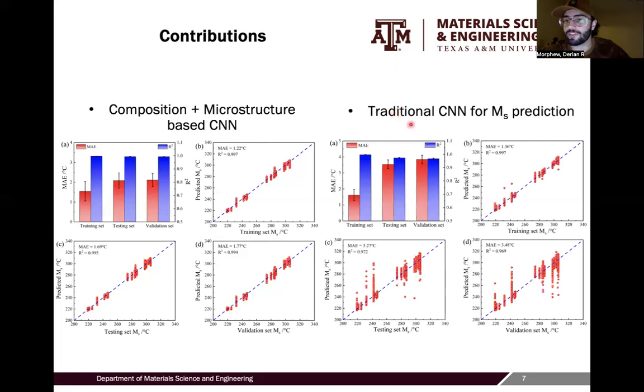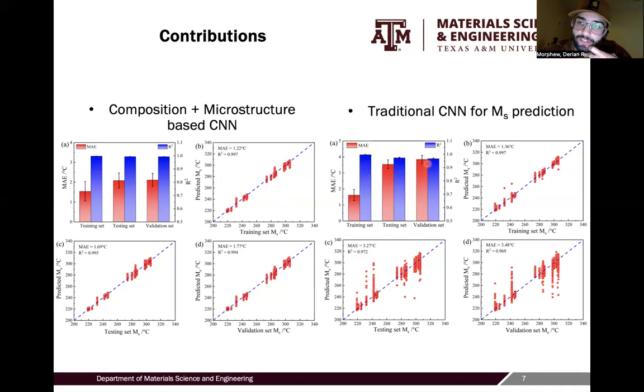And this is a traditional CNN for MS prediction, which only uses microstructure. So the step that these authors took in multiplying the composition times the microstructure, traditional CNNs in this space don't do that. They just account for microstructure. And so you can see here, mean absolute error has a spike from training to testing and testing to validation, and the R squared value slowly starts to decrease.